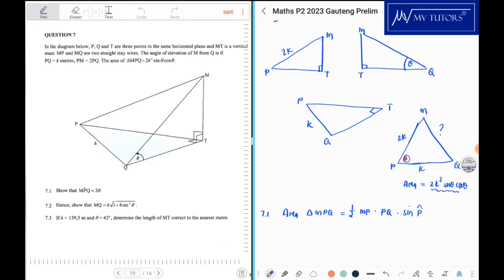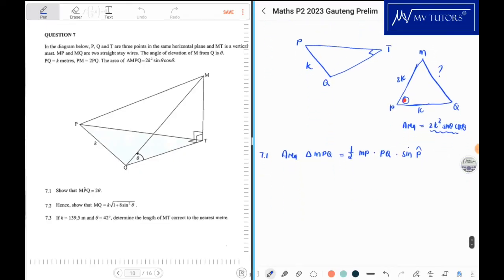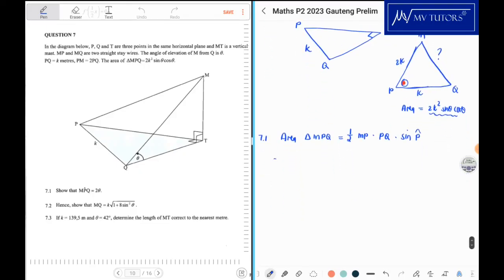Sorry about that. All right, so now we have the area. It's basically 2K squared sine theta cos theta is equal to half MP is 2K and PQ is K and sine P. So we're basically looking for the P, right?